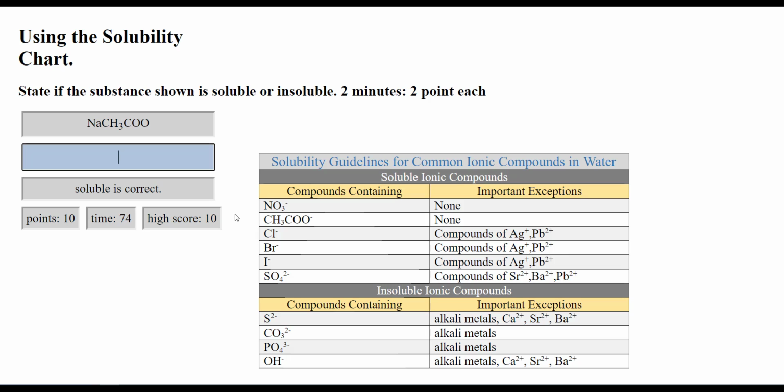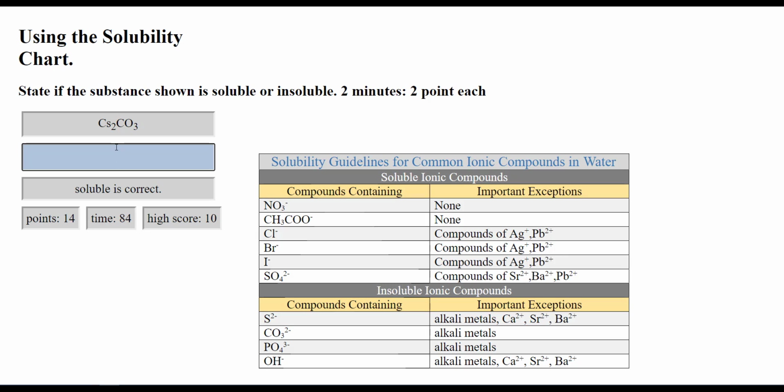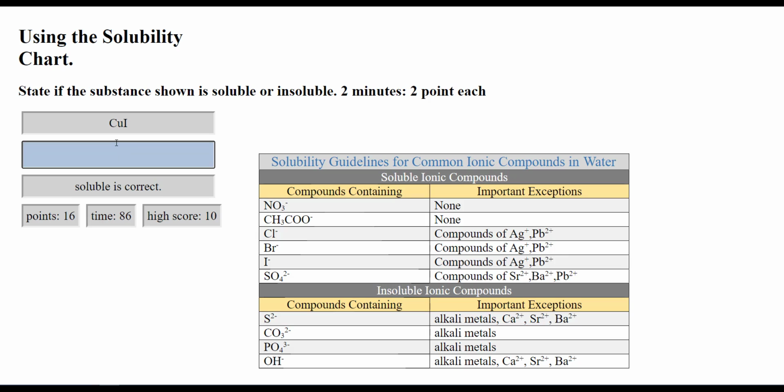How about acetates? No exceptions there, so that's going to be soluble. Rubidium, I don't have to look because whatever it's with, it's an alkali metal, so that's got to be soluble right away. Cesium's an alkali metal, soluble right away. Copper is not an alkali metal, so I have to be careful. Iodides tend to be soluble. They're up at the top half, and I don't see any exceptions here having to do with copper, so it looks like it is going to be soluble.